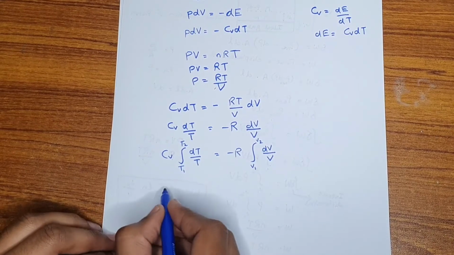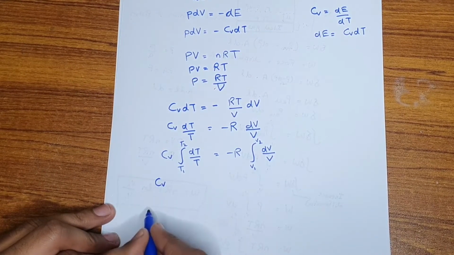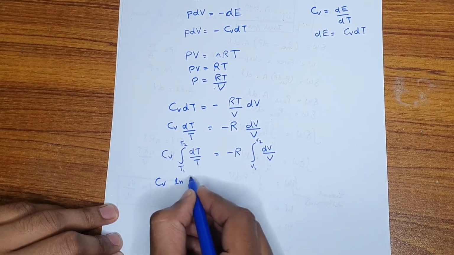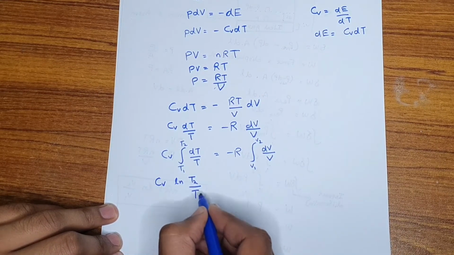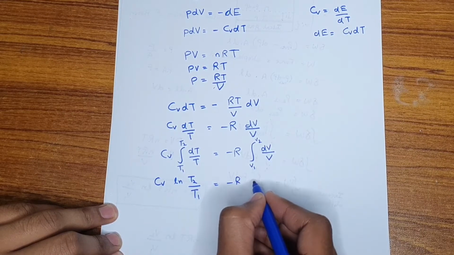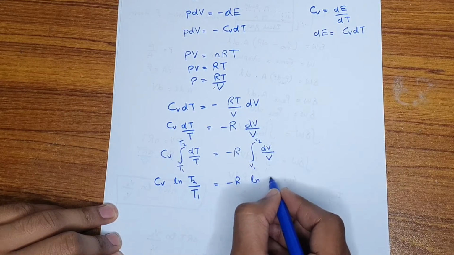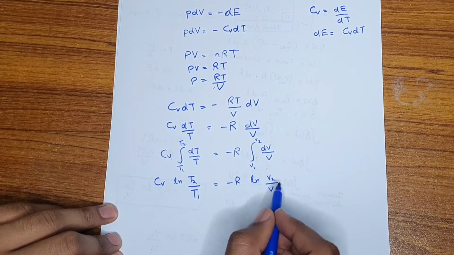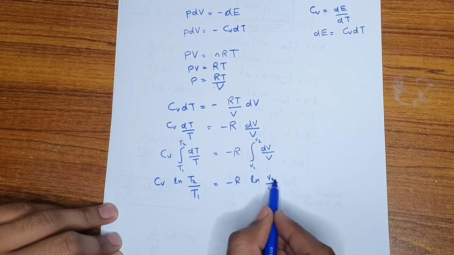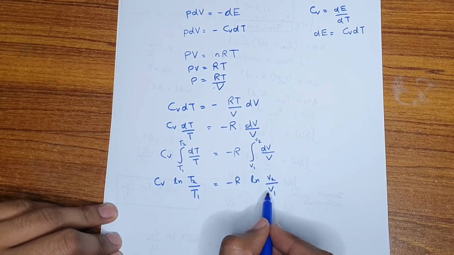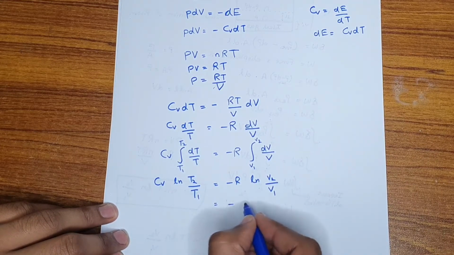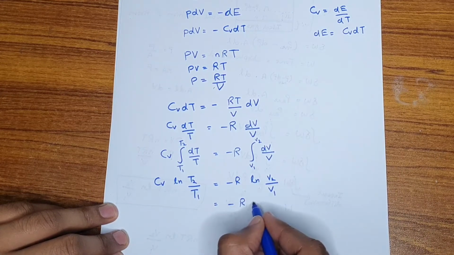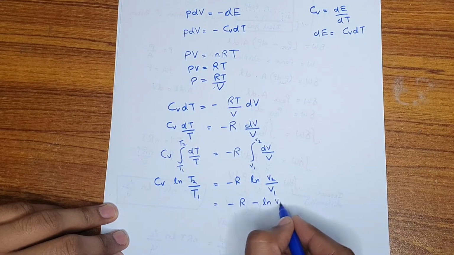So plugging it into the equation, I get CV natural log T2 over T1. Again, this here will give me natural log V2 over V1. To consume this minus, I just have to take the denominator up and the numerator down, because while doing so, the natural log will change into minus natural log.